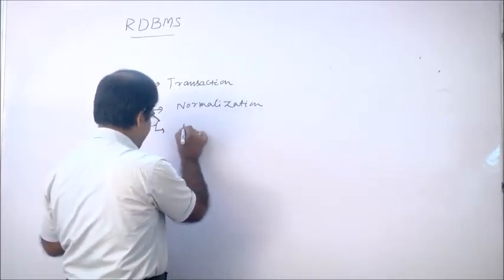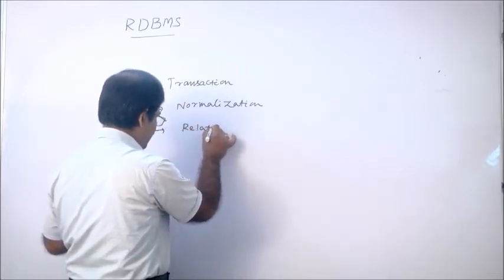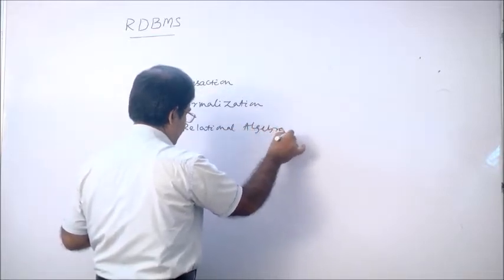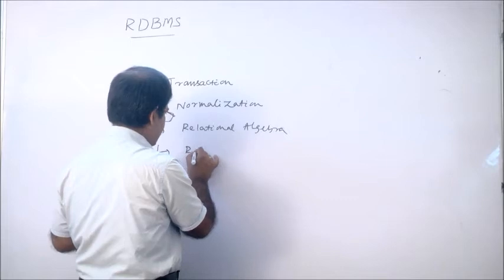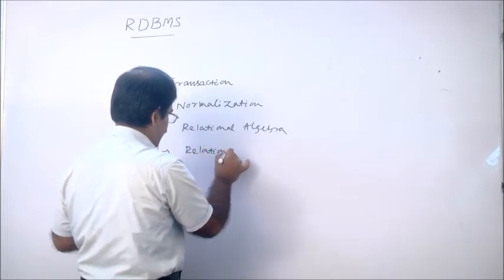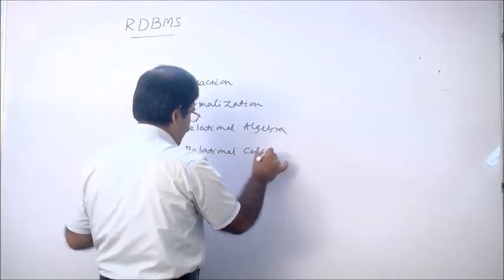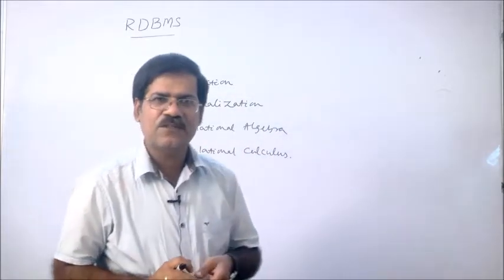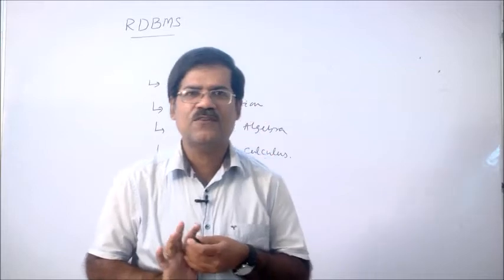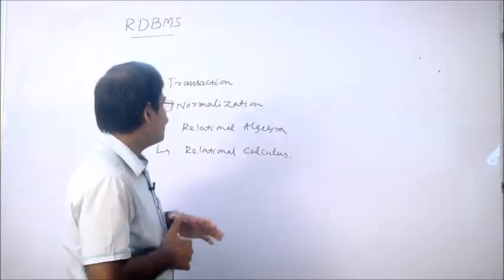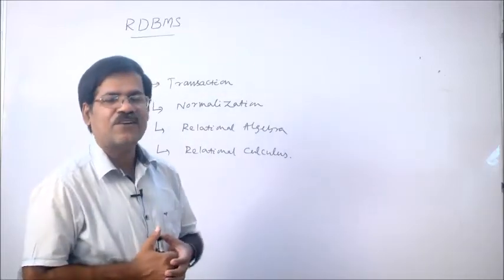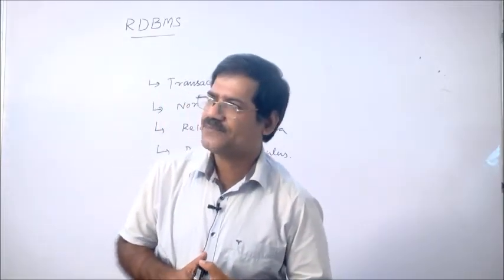Then relational algebra and relational calculus. Each one is one chapter, so it is not possible to cover each and every one; this is only the overall concepts. So, these are the 4 new chapters added with RDBMS that are not present in DBMS.